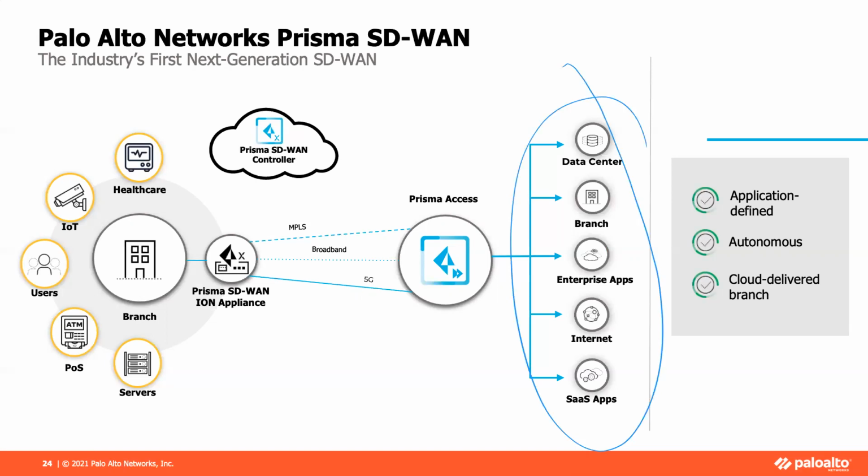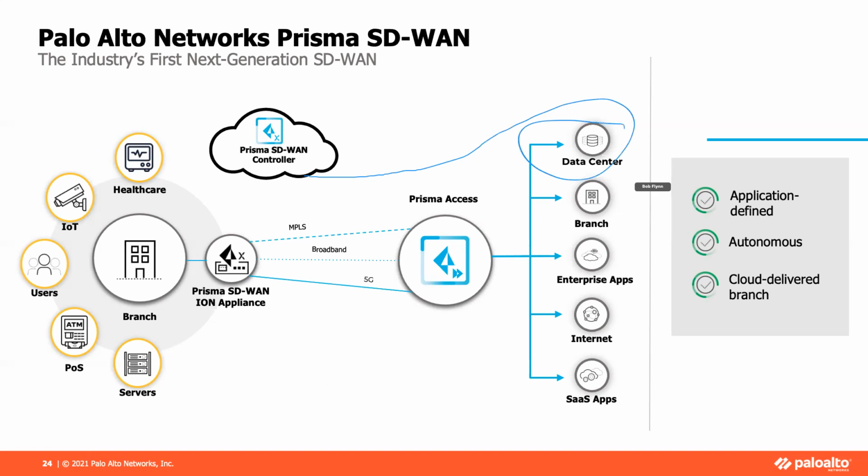Talking to other branches, getting back to the data center, that sort of stuff, and bringing the security to the users without having to backhaul to the data center all the time.